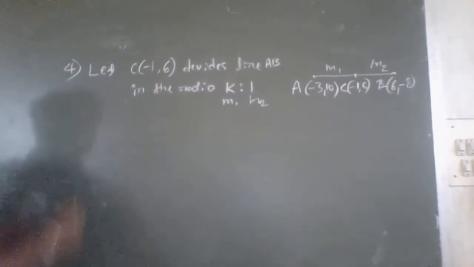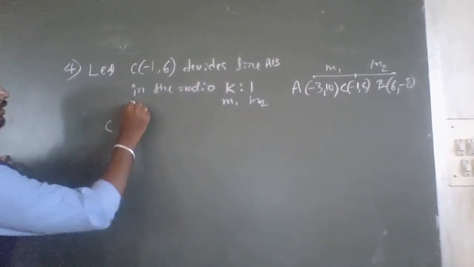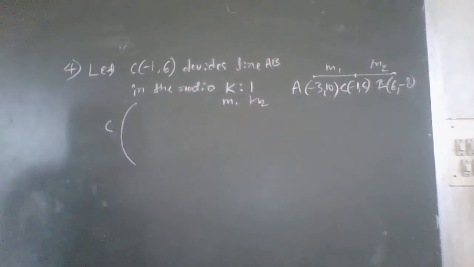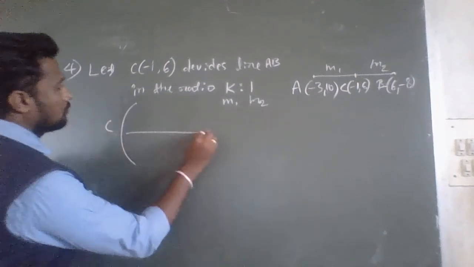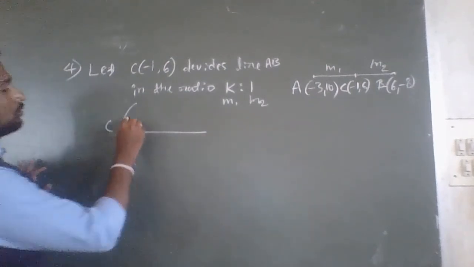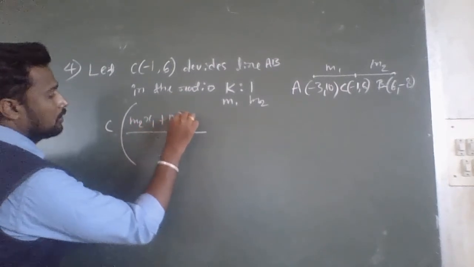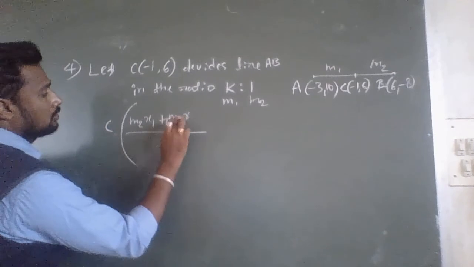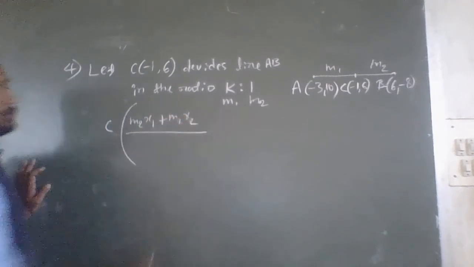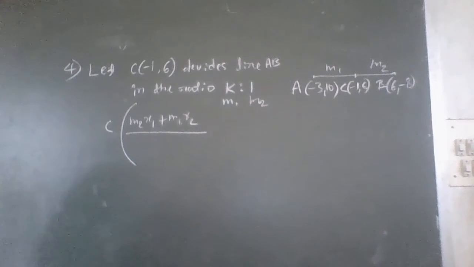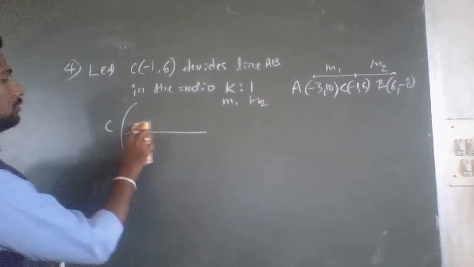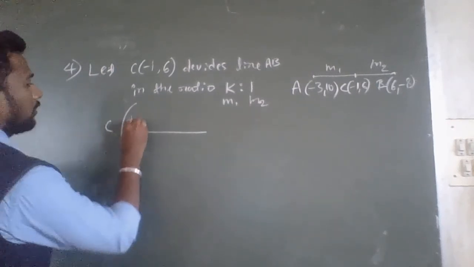So now what we can write? Point C. So what is the section formula? m1 into x1, sorry, m1 into x2 plus m2 into x1 divided by m1 plus m2. First we will write m1 into x2 because in all problems we have written like this only.